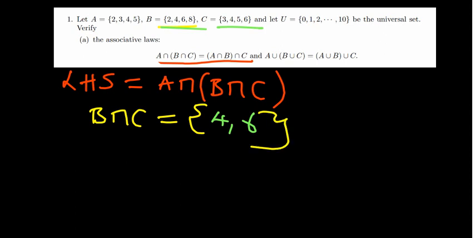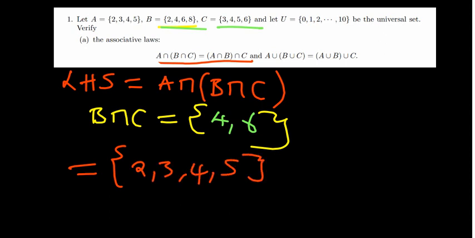And then I'll proceed to the next step. We have A intersection B intersection C. So our A, I'll rewrite it as it is: 2, 3, 4, and 5. Now we intersect this with B intersection C, which we found to be 4 and 6. What are the common elements between these two sets?